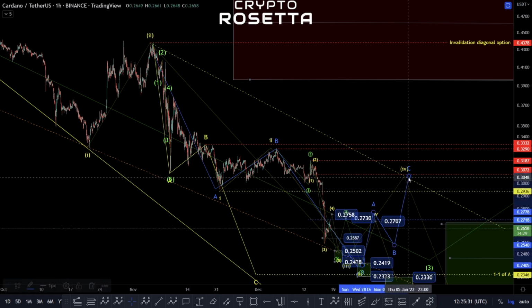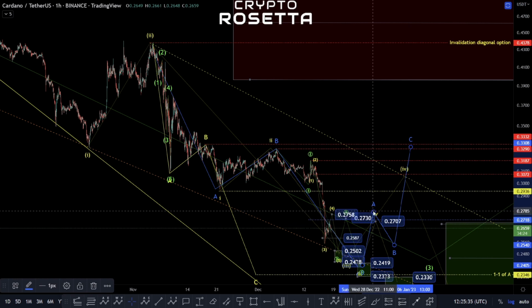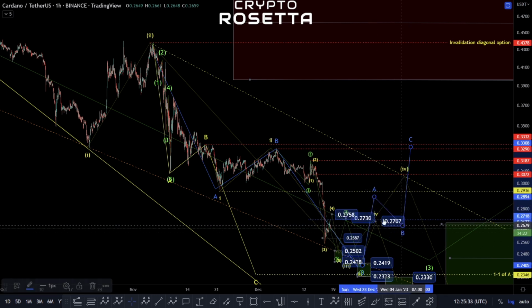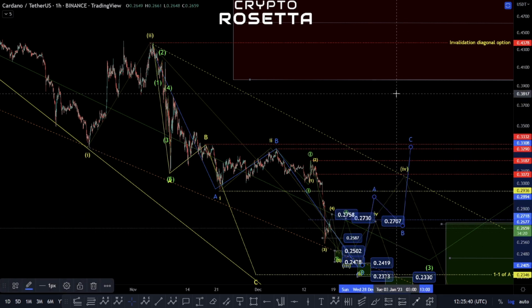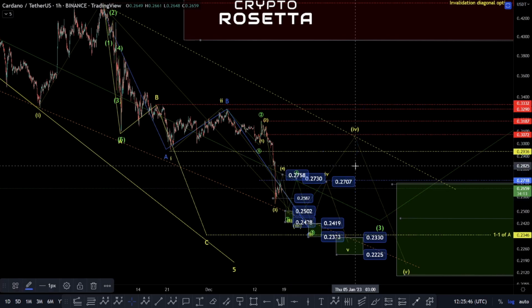That would be a minimum target of the C wave if it is going to be a diagonal shape, and we'd want to have this overlap. It can go further than this, but it cannot cross this top at 43.78.